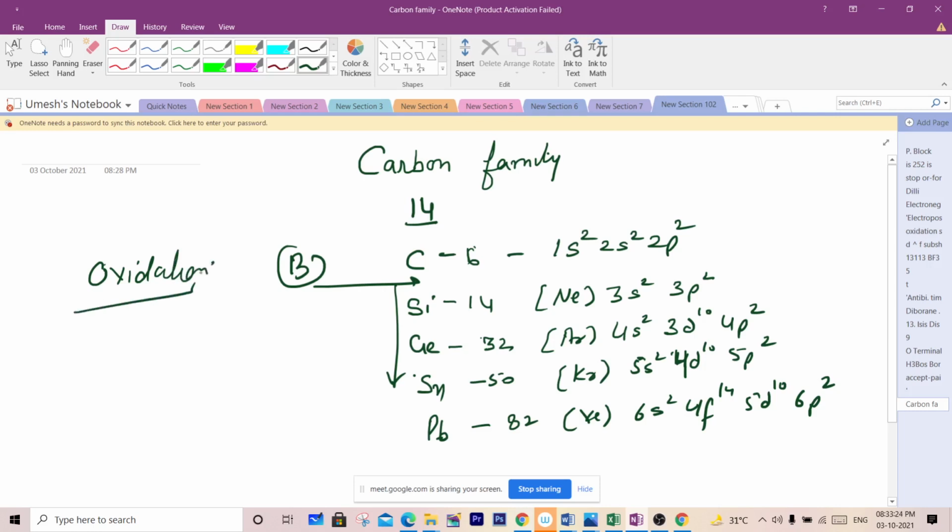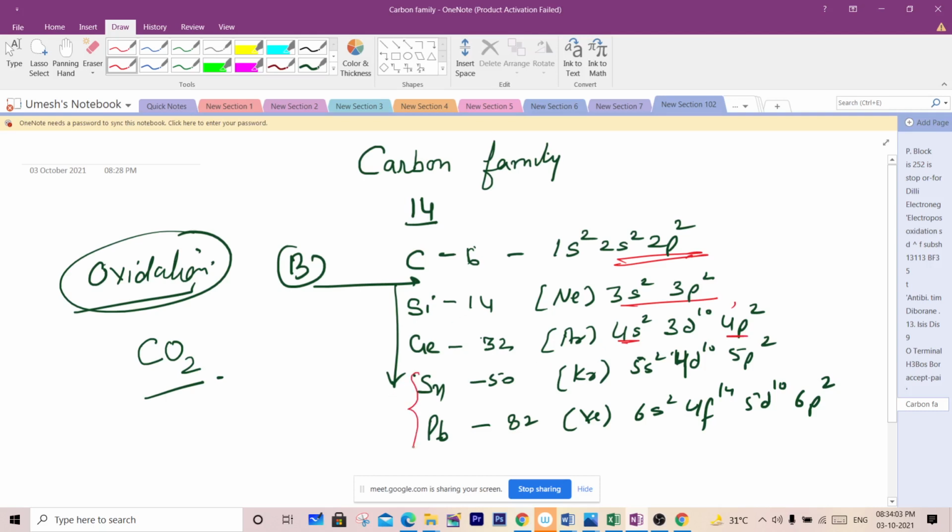What is the oxidation number of carbon in a molecule of carbon dioxide? It is +4. It has 4 electrons in the outermost shell, so it will be losing 4 electrons, and that is why the oxidation number is +4 for all the elements.